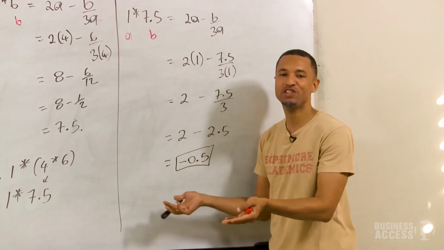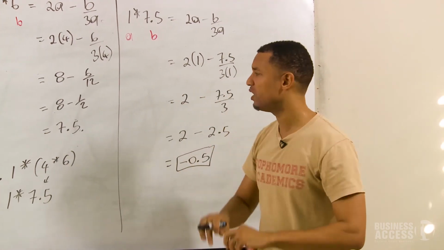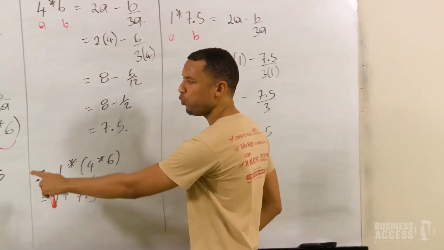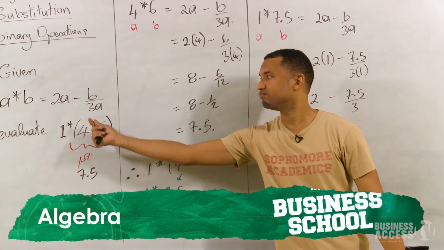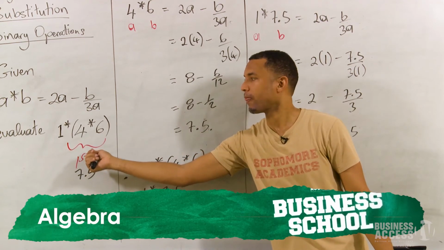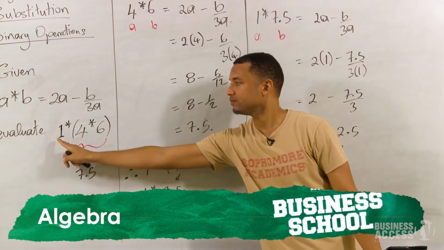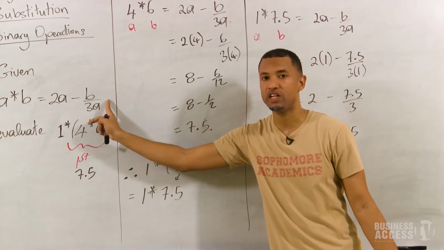It's substitution. Don't look at how difficult it sounds or whatever. So 1 asterisk 4 asterisk 6: ladies and gents, you use the definition, work out the bracket first, get your result. When you get that result, 1 asterisk that result, using the definition.